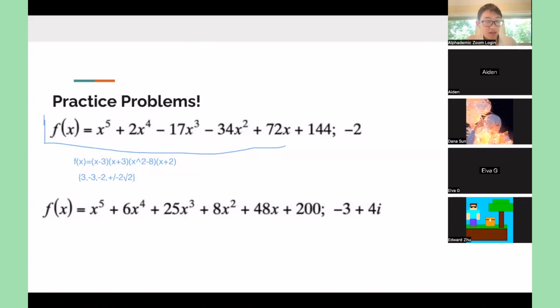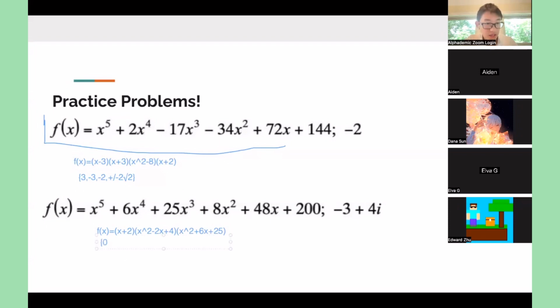Okay. And then for number 2, I'll just quickly go over it because I know some people finished number 1 and we're working on it. So you would factor it into f of x is equal to (x + 2)(x² - 2x + 4)(x² + 6x + 25). And then once you have factored it, you would solve for the zeros.